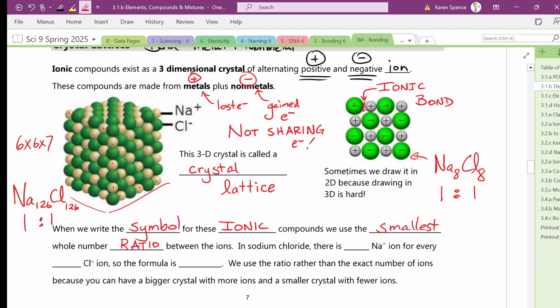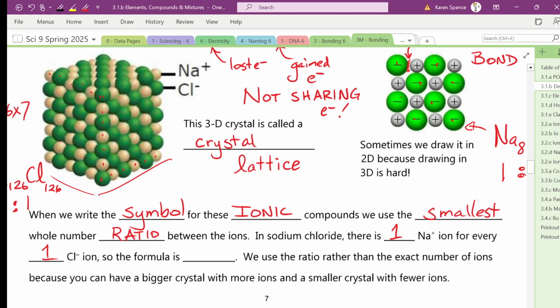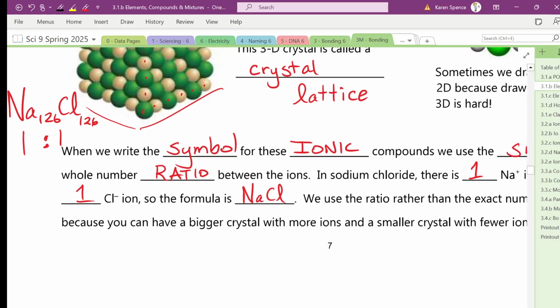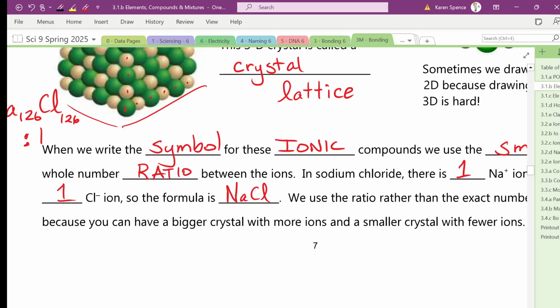So for every 1 sodium, there is always 1 chloride. And so for the formula, instead of writing Na a billion, Cl a billion, which sounds ridiculous, we can just write it as NaCl. And if there's no little subscripts down at the bottom, that just means that there's 1 each. Yes? And we do that because who knows what the actual numbers are? We really don't know.